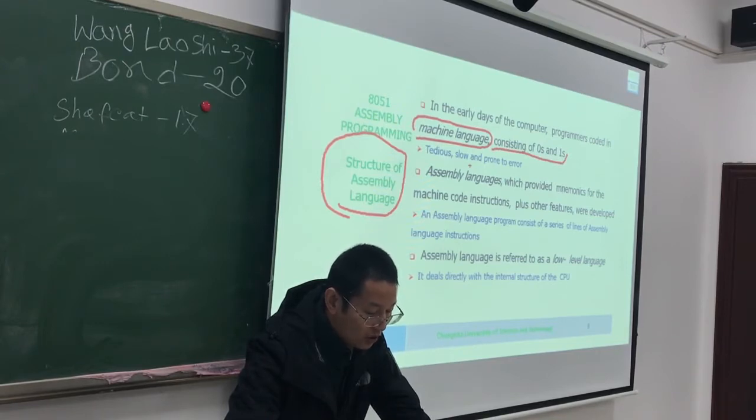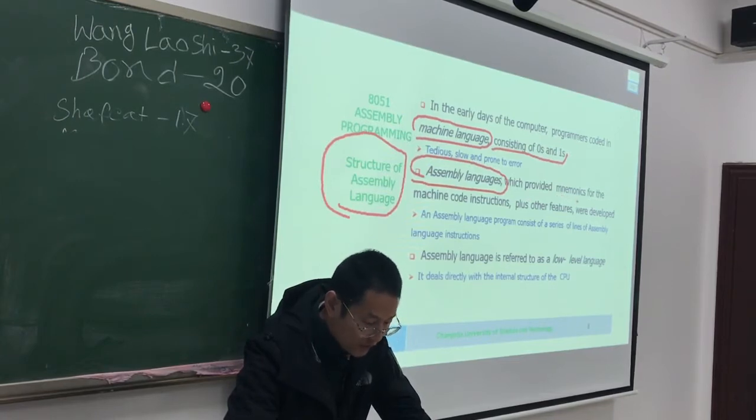It was tedious, slow, and prone to error. Assembly language, which provided mnemonics for the machine code instructions, plus other features, was developed.